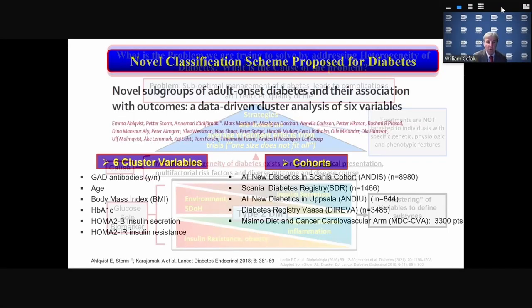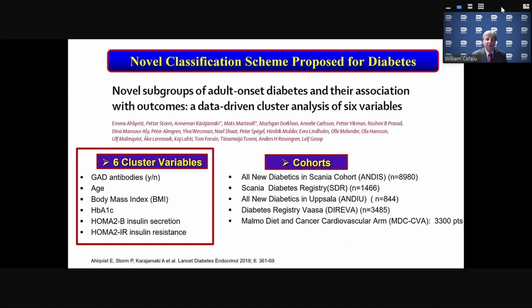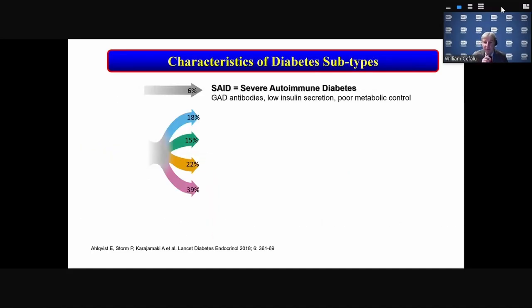We all know one of the classic, landmark studies is the ANDIS study, where in their Scandinavian cohorts, they looked at 6 cluster variables: GAD antibodies, age, body mass index, hemoglobin A1C, insulin secretion, and insulin resistance. They were able to show that there were at least 5 subtypes.